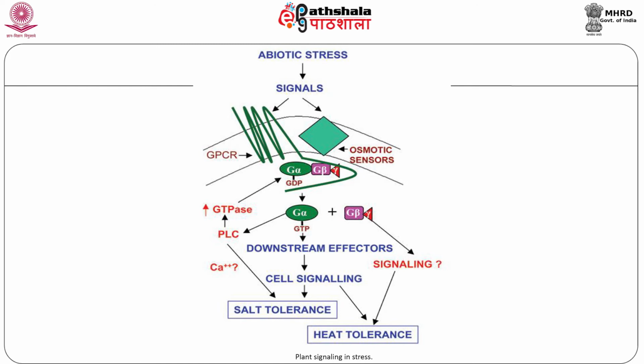Receptor mediated signal transduction in animal systems is carried forward either via the mechanism of protein-protein interaction or via generation of second messengers. However, this mode of signal operation has not been reported and well studied in plants.